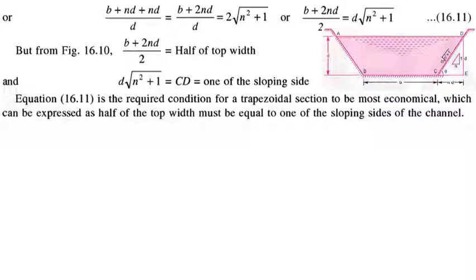Then from the figure, we know that b plus 2nd by 2 is half of the top width. Top width is side AD. Before we calculated AD as BC plus side CE, right, into 2.